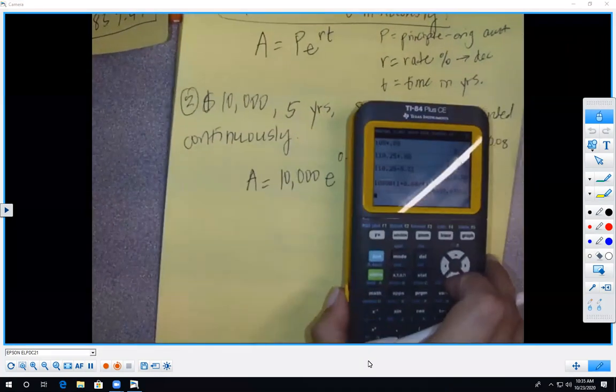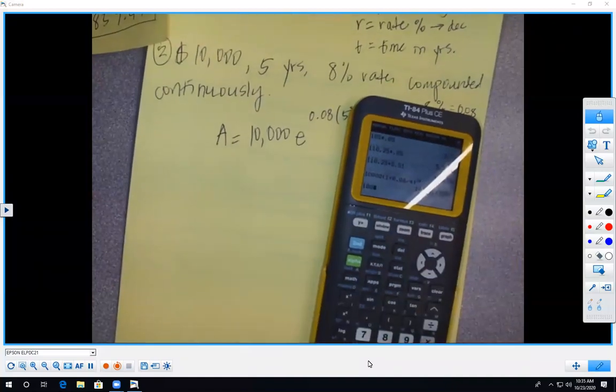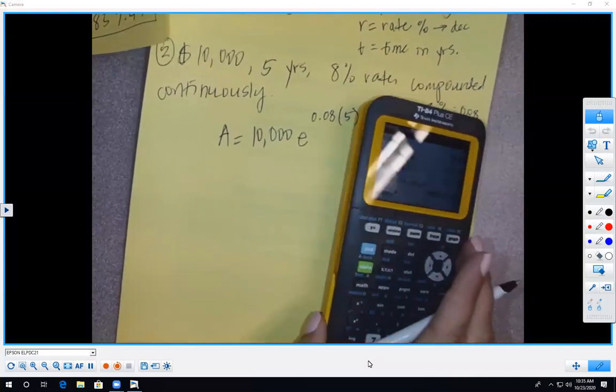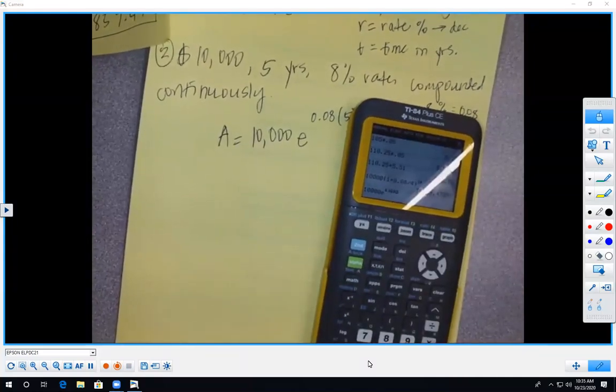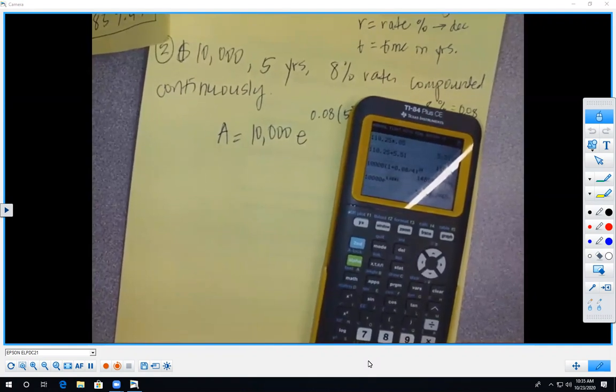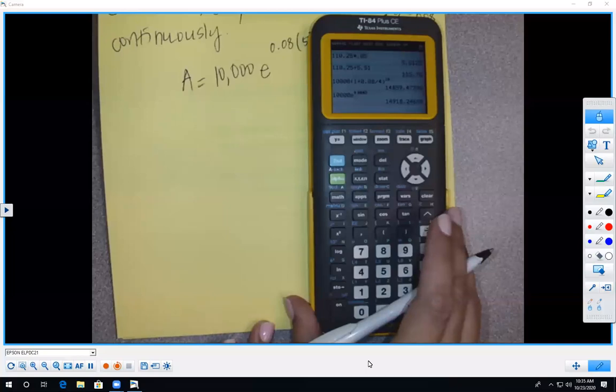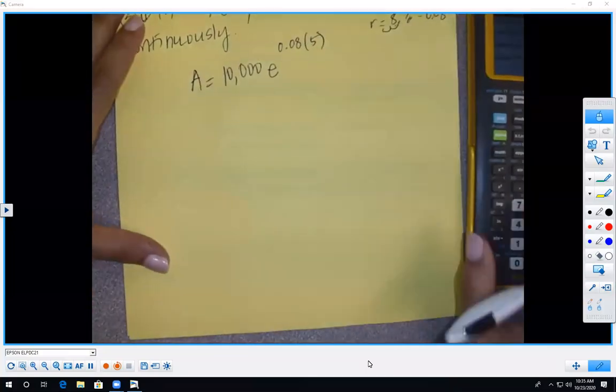Put that in your calculator now. 10,000 times e to the 0.08 times 5. I got $14,918.25.